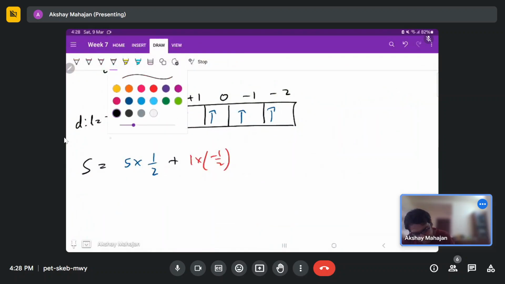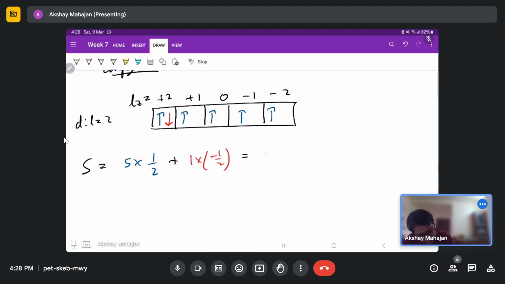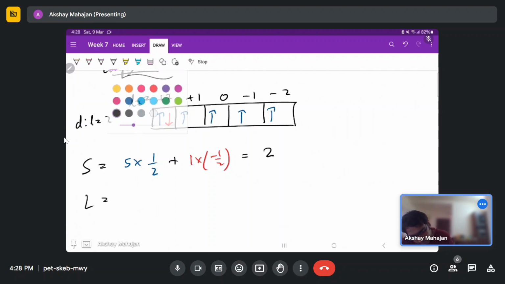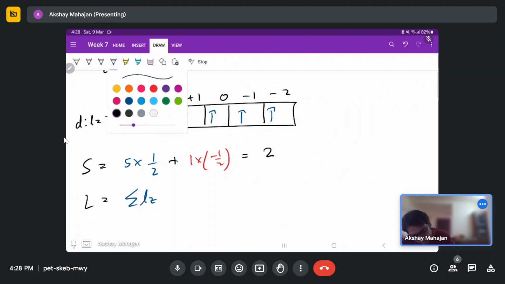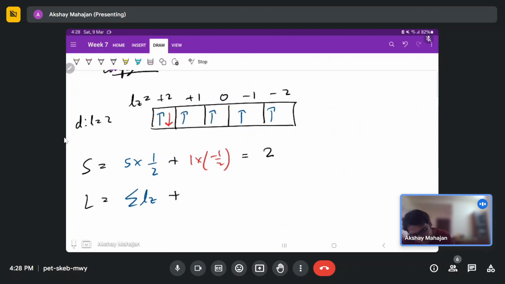Okay, so that will give you 2. Alright, and here L equals to summation of this Lz of spin up plus Lz of spin down.